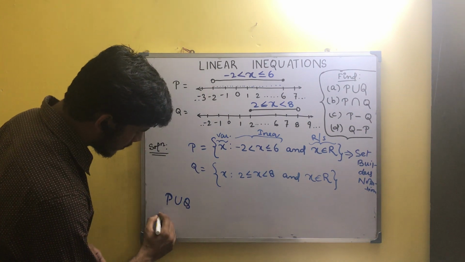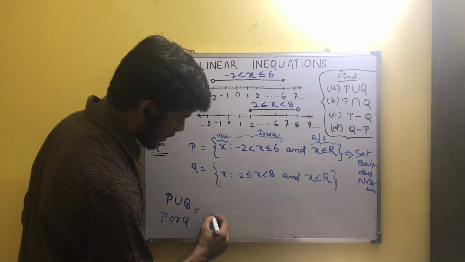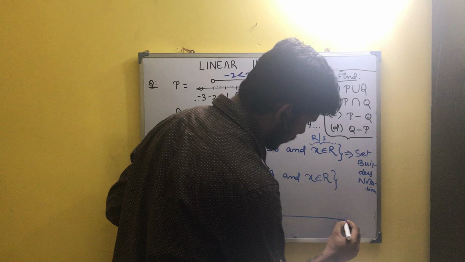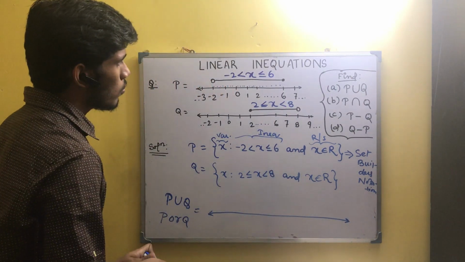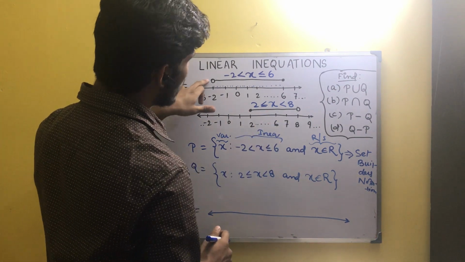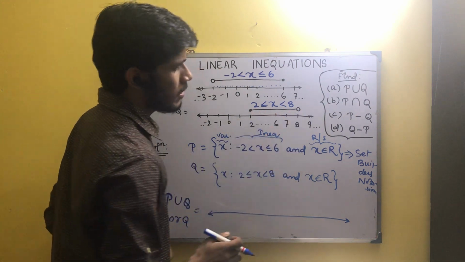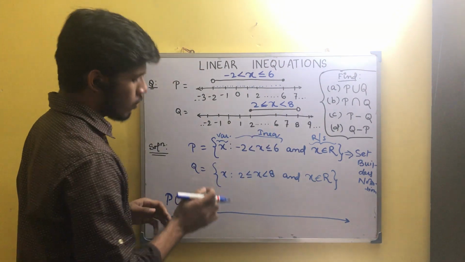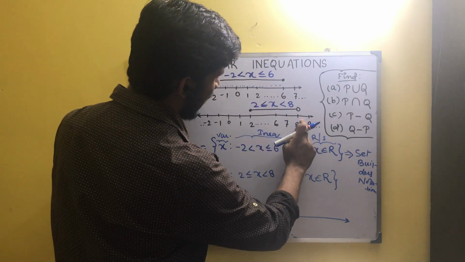P union Q means P or Q, which means you need to represent all the solutions both from P and Q on the same number line. Okay, you must not exclude any single values. So from -2 to 6 has been included in P, and from 2 to 8 has been included in Q. So your P union Q would be from -2 continuing up to 8, isn't it?